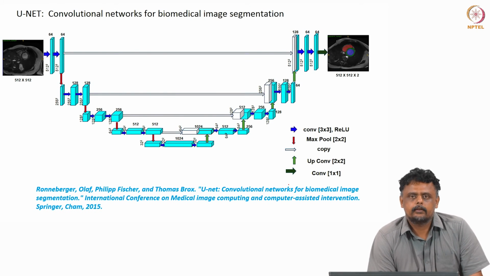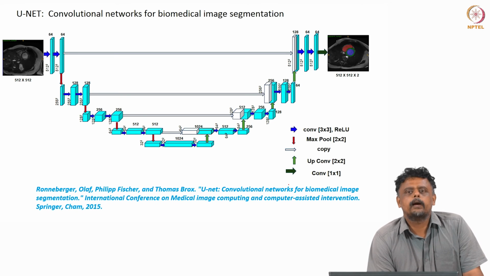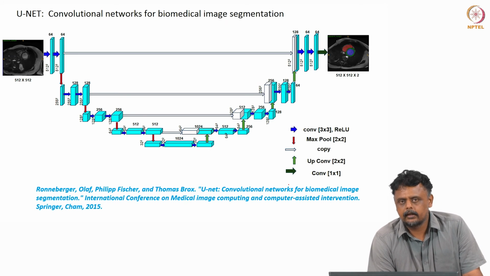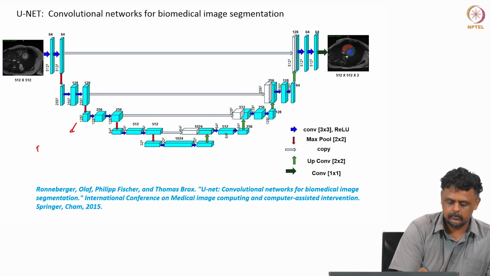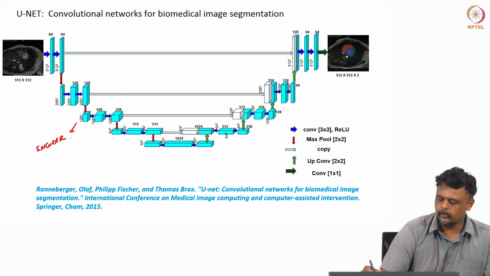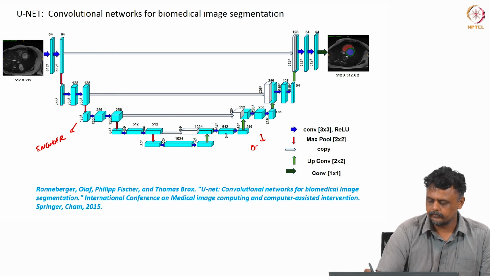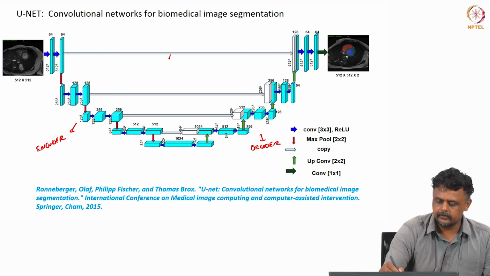Another architecture which has found wide applications in biomedical image segmentation tasks is called the UNet. This network is again very simple. You have the encoder and the decoder side here, and we have these skip connections between the encoder and decoder.